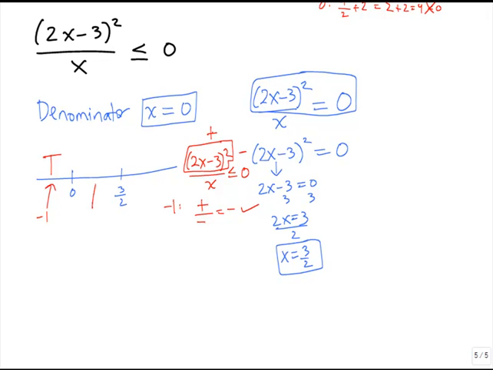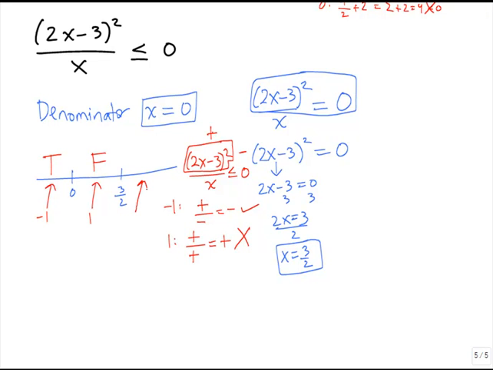So now let's pick something in this region right here, something between 0 and 3/2, so we could try 1. Again, using that numerator and the fact that it's a square means the top is always going to be positive no matter what. And if I plug in a positive 1 in the bottom where that x is, then the denominator will also be positive. Positive over positive stays positive, which is not negative, so that means that doesn't work, so this region is going to be false.